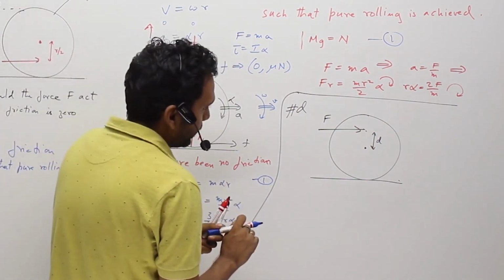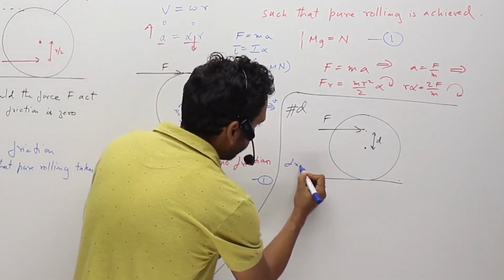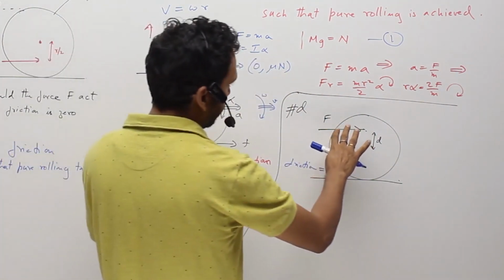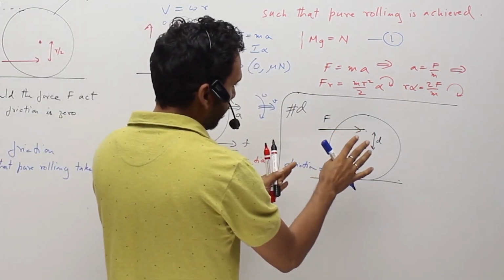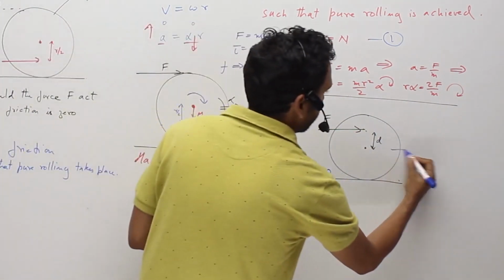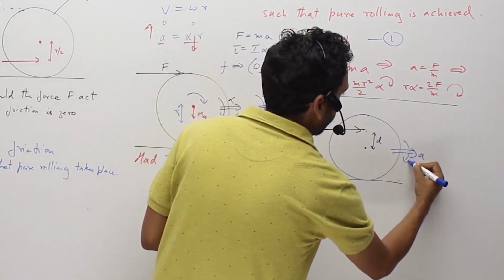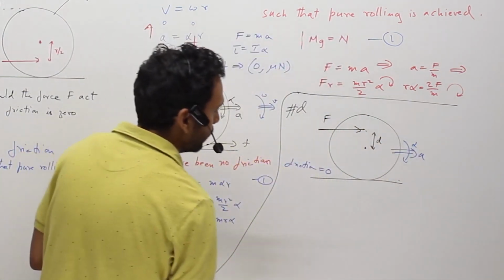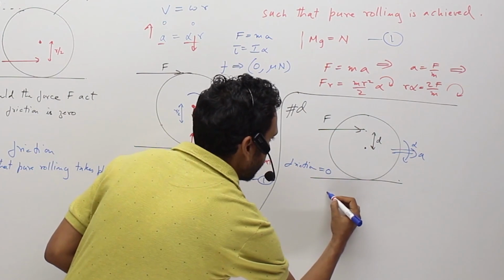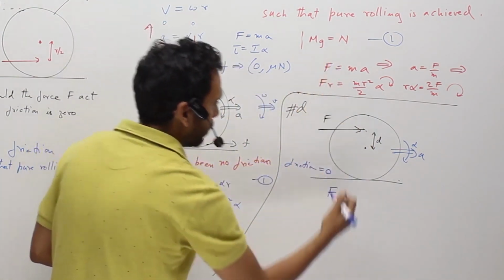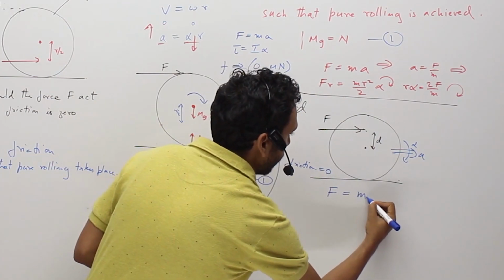So what I am saying is friction is zero this time, because F is producing the exact right alpha which matches with the acceleration forward. So here A is forward and alpha is this way, and both A and alpha are being achieved by F. So friction is zero, so that equation is what is going to happen. F is equal to M.